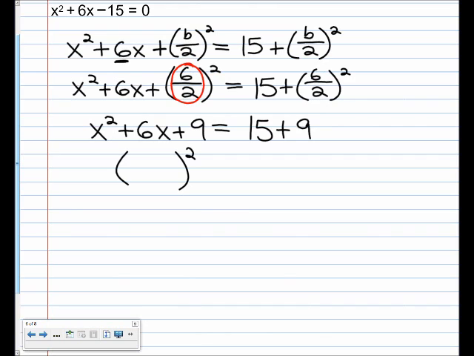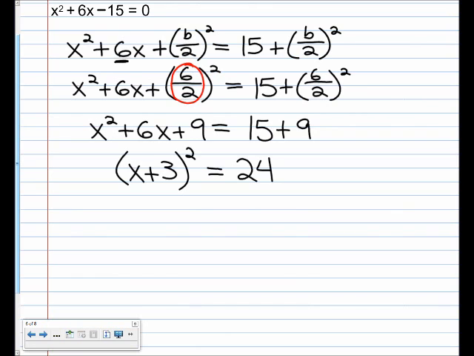So 6 divided by 2 is 3. So you write x plus 3, all of that squared. All right, so that's the left side. On the right side, we're going to add 15 plus 9 to get 24. Now, at this point, you have used completing the square and set yourself up to ultimately solve for x.